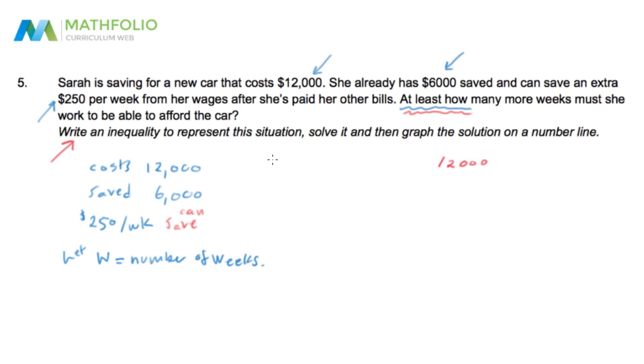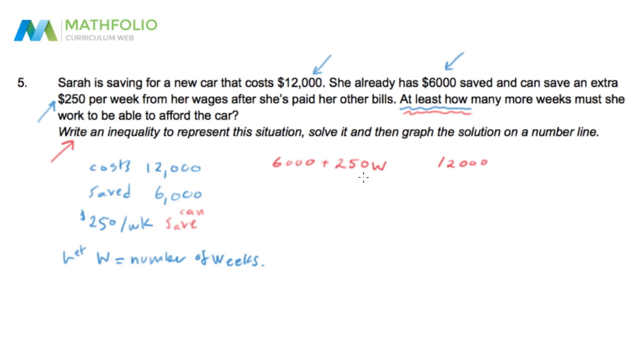What she has is $6,000, and what she will have is going to be $250 per week. So if it's 1 week, it would just be $250 times 1. If it's 2 weeks, $250 times 2. 3 weeks, $250 times 3. 4 weeks, $250 times 4, and so on. So we're multiplying by the number of weeks. So we're just going to put the W in there.